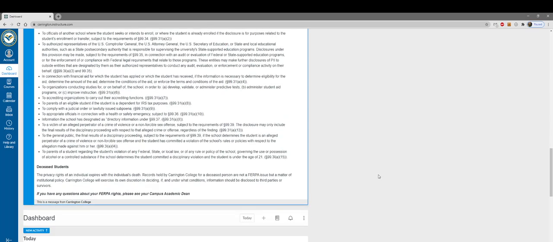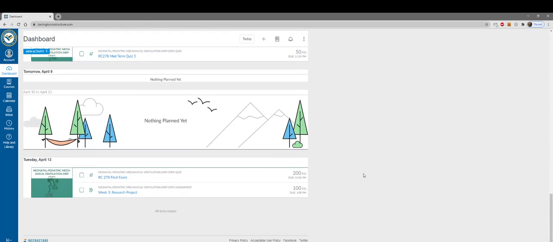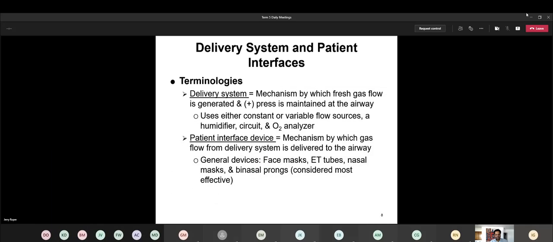Are you going to use a face mask, or a little nasal mask, or prongs, which is kind of like the standard? The standard is usually the prongs. Or if they're still intubated, you could just use their ET tube, connect them to the ventilator, and switch it over to CPAP mode.